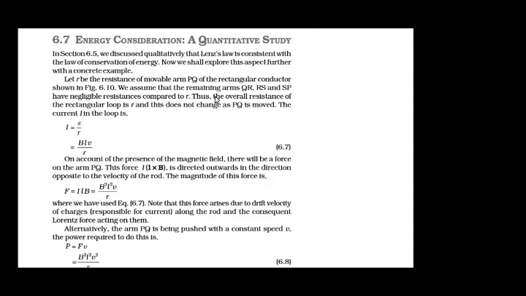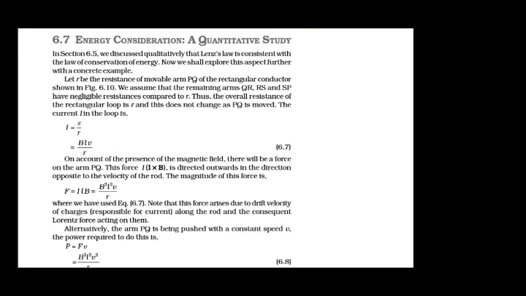We assume that the remaining arms QR, RS, SP have negligible resistance compared to R. Thus, the overall resistance of the loop is R and does not change as PQ is moving. As PQ is moving, the current I in the loop is I equals E upon R.